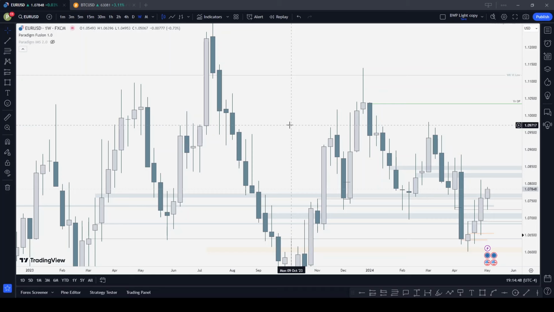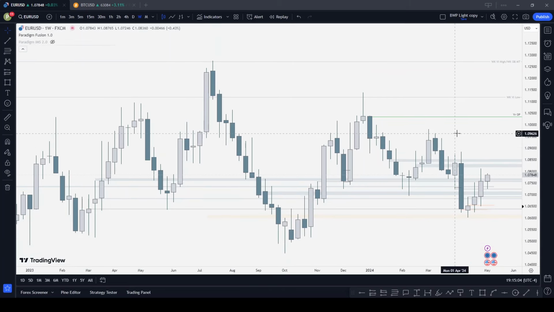And this is applicable to all PDRAs, from breakers to order blocks to new week opening gaps to volume imbalances and so on and so forth. So a close above the PDRA, the algorithm will use it as a bullish PDRA, and a close below it, the algorithm will use it as a bearish PDRA.